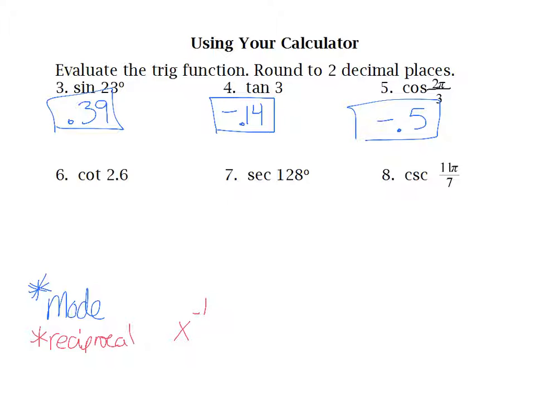It is your reciprocal. It'll flip the fraction or even the decimal. Now I've already done the tangent of the 2.6. All I have to do is press enter and then press my reciprocal button, and it just says do the reciprocal of the answer, and I say yep. And I get a negative 1.66.